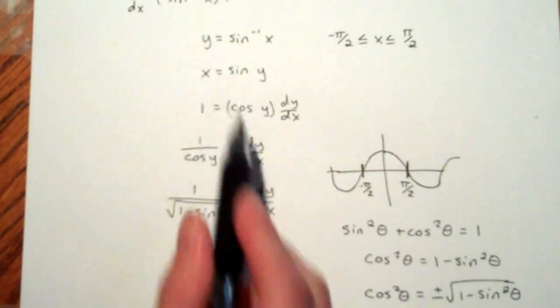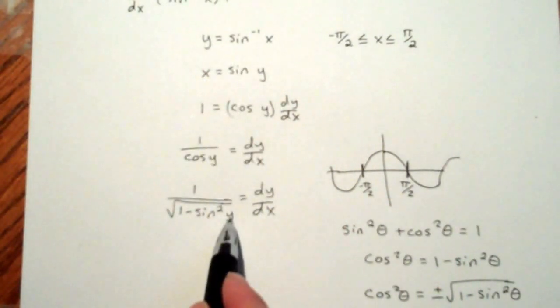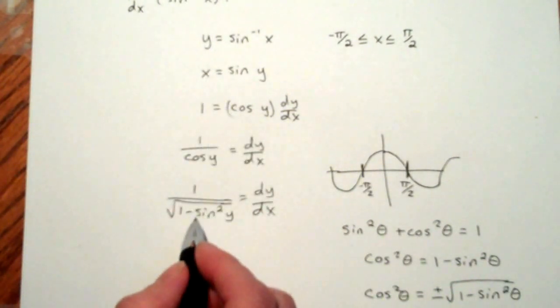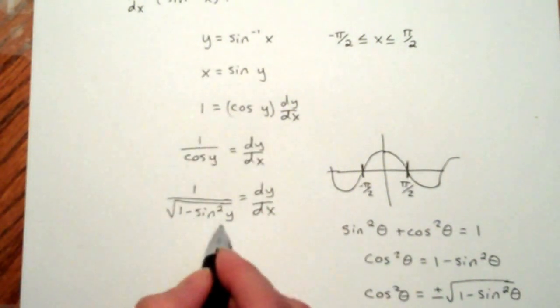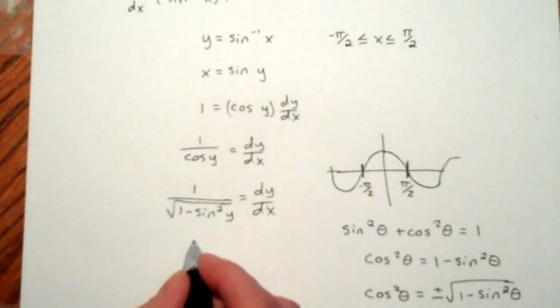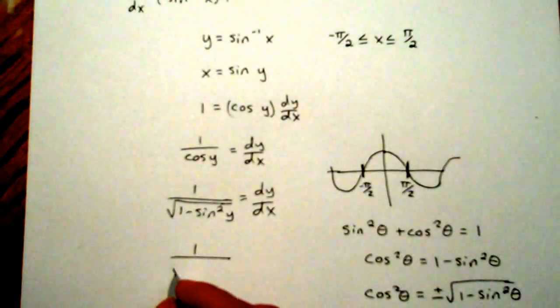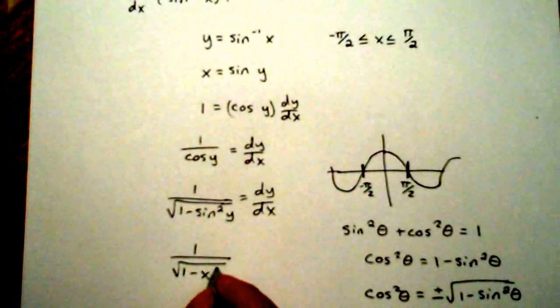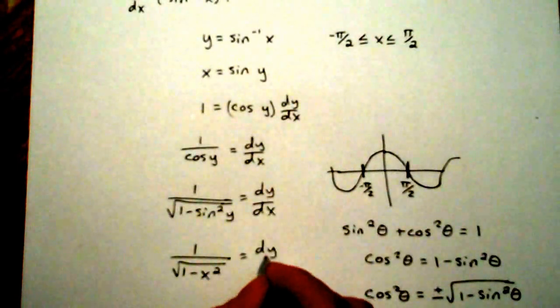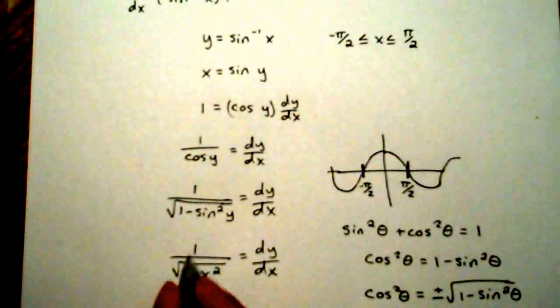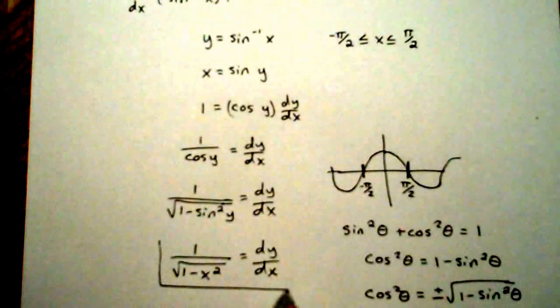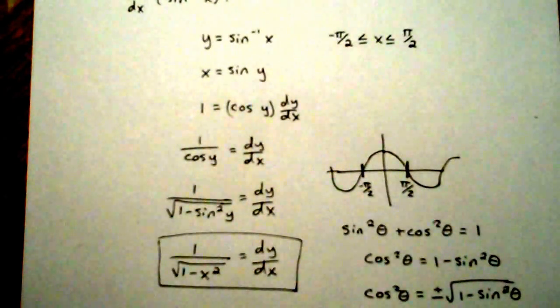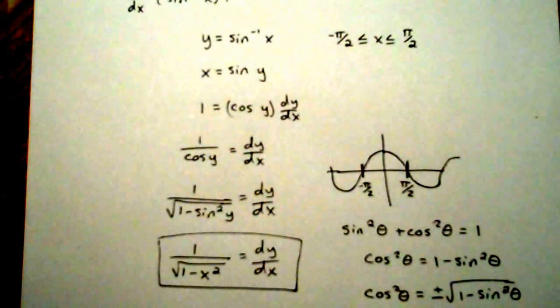So sine y equals x. So sine squared y equals x squared. So I can change this part, the sine squared, to x squared. So 1 over the square root of 1 minus x squared equals dy dx. And that, right there, is the derivative of inverse sine.